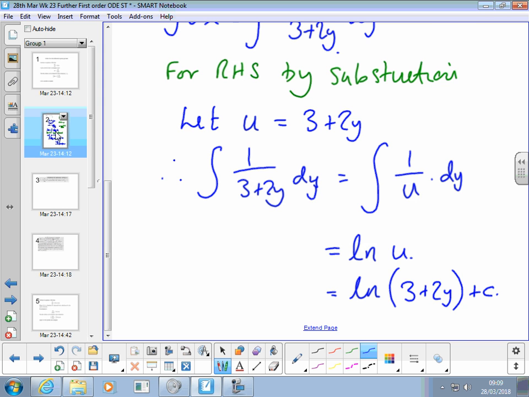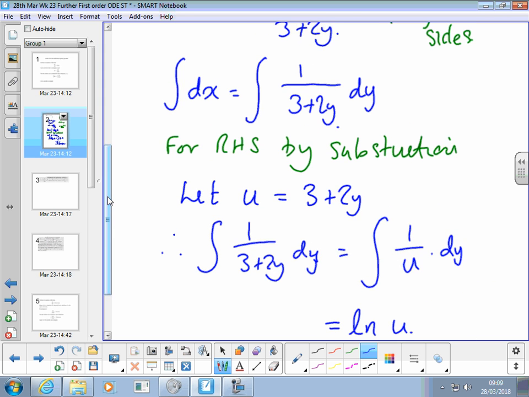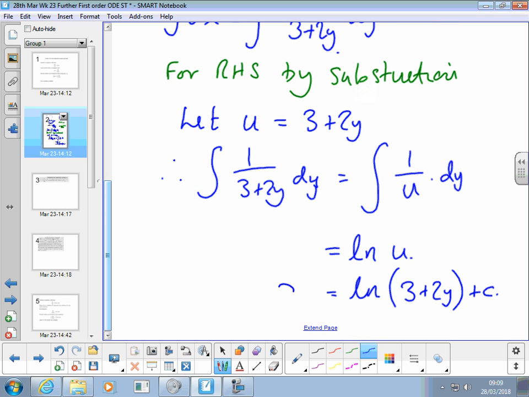And when we integrate the left-hand side, we're just left with x. The final solution is that x is equal to ln of 3 plus 2y plus c.